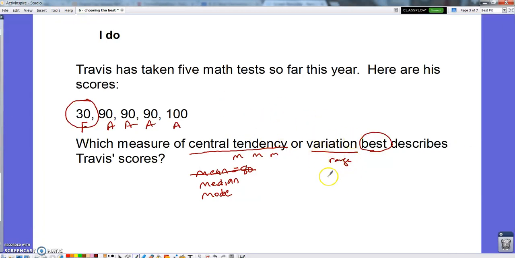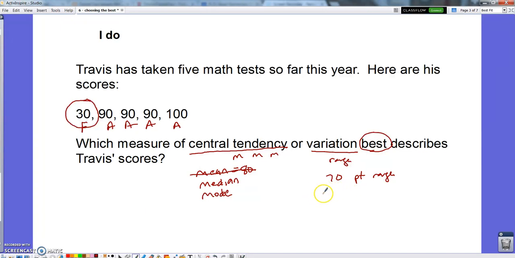Same thing happens with range, right? We say, oh, well, Travis has a 70-point range. A range of 70 on his test. You say, whoa, he is all over the place. 70 out of only 100 possible points. Man, that dude is getting scores between 20 and 90, or between 30 and 100, or between 10 and 80.